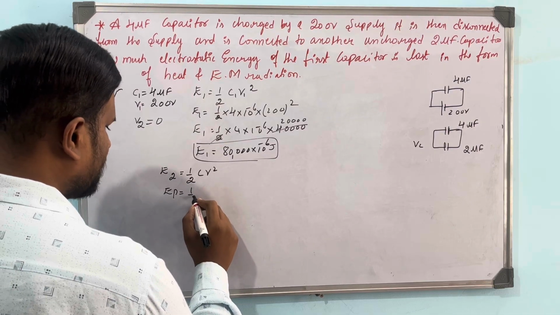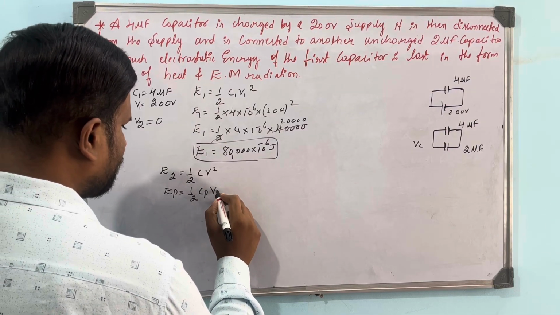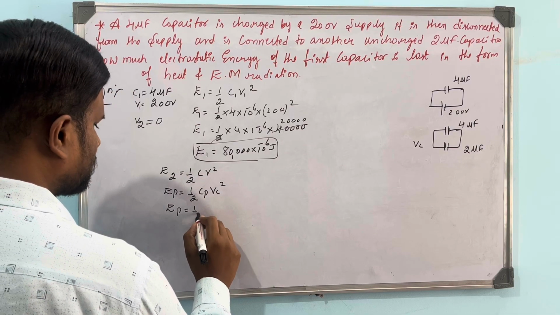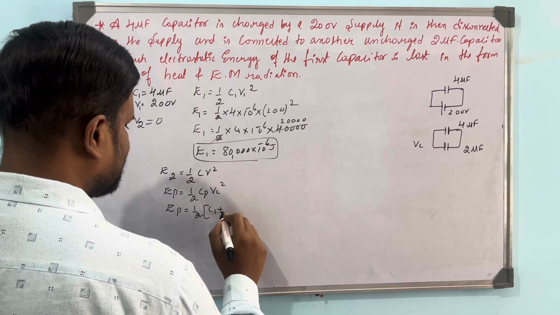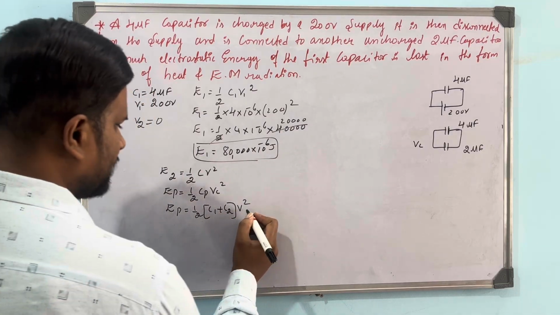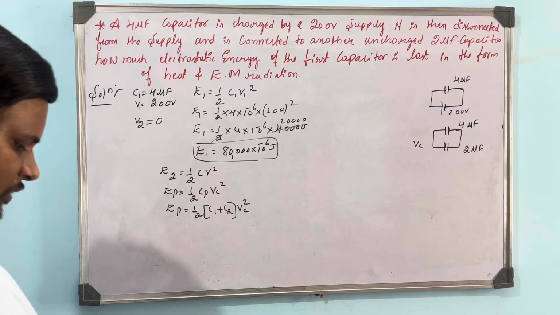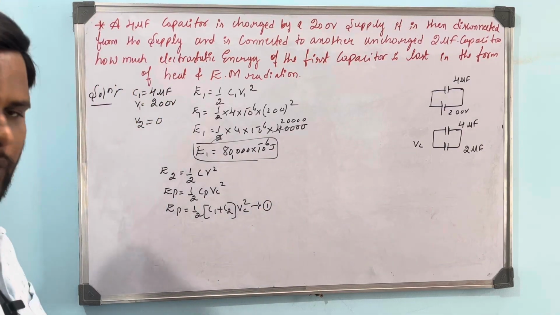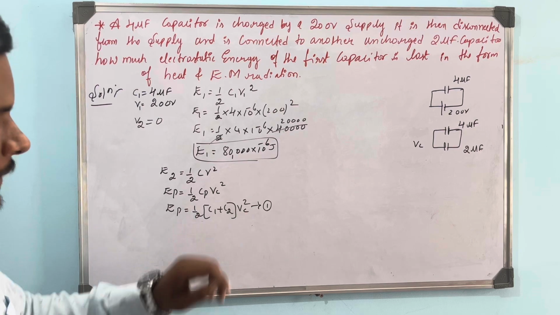So the formula becomes Cp into Vc square: E2 is equal to half into C1 plus C2 into Vc square. Call this equation 1. Now I need to calculate Vc square.